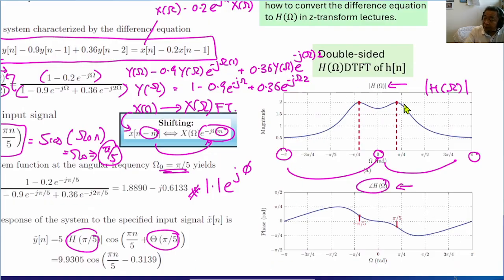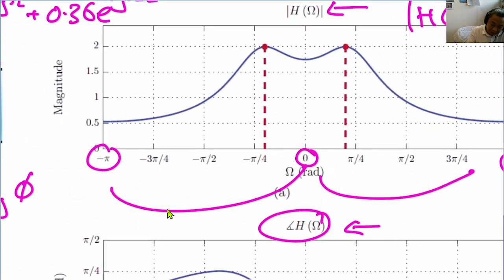You'll see that the magnitude is an even function and the phase is an odd function. If you want to plot this and then evaluate at omega naught equals pi over 5, what we are doing is that we are going into pi over 5 here, exactly pi over 5, and over here is minus pi over 5. We can read off the magnitude.